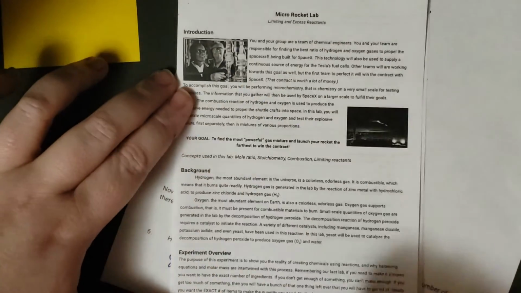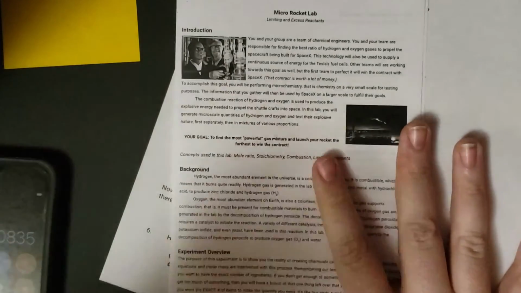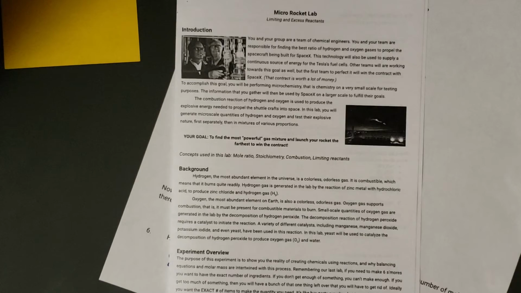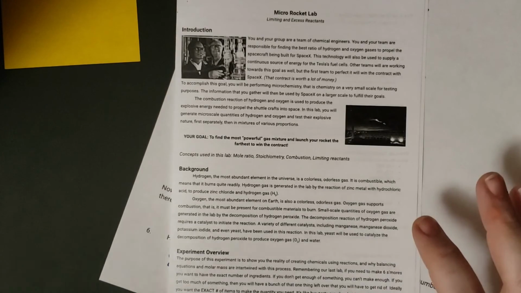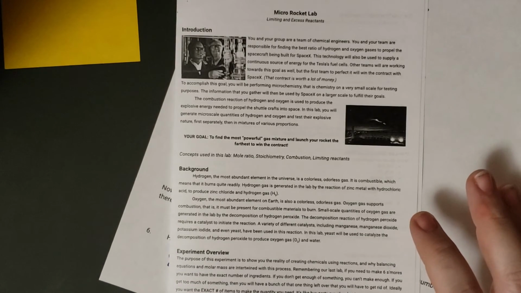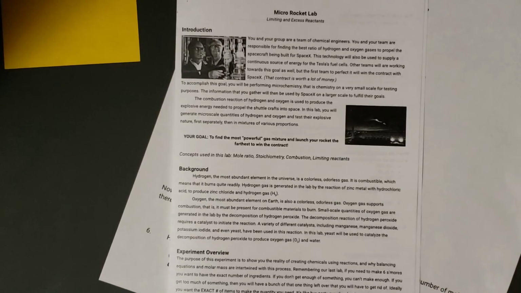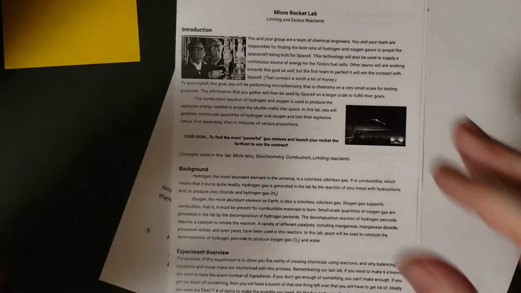So in this lab, we are going to be making rocket fuel exactly the way that they make rocket fuel for real spaceships. So we are going to be harvesting hydrogen gas and oxygen gas, mixing them together, igniting them, and flying our own rockets, albeit very small.